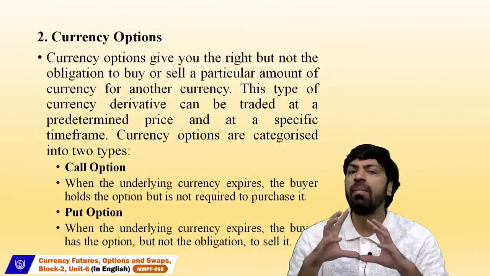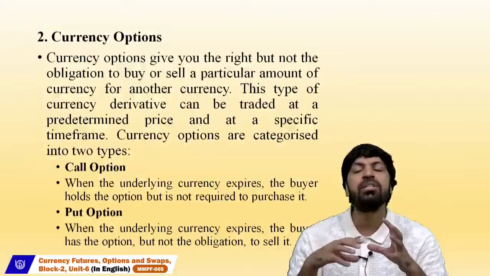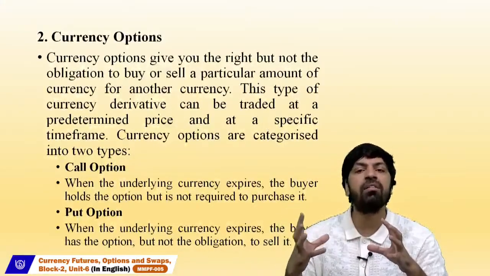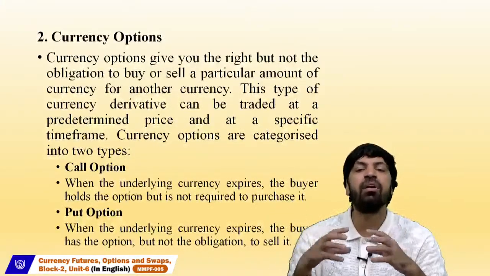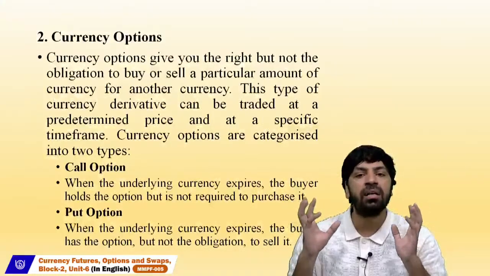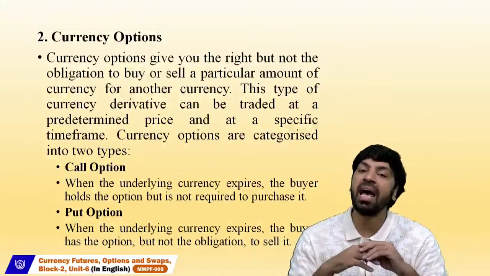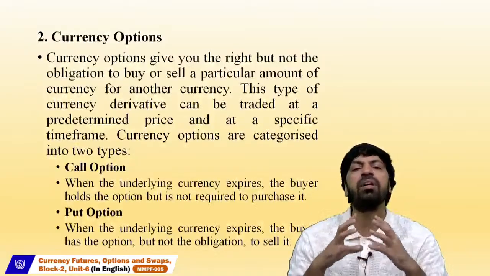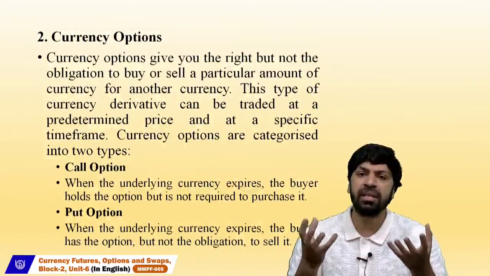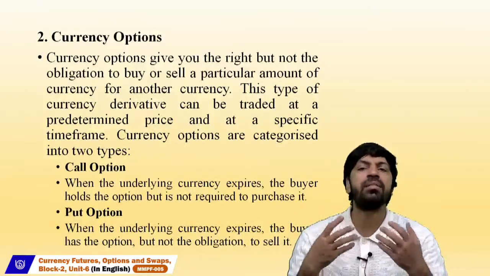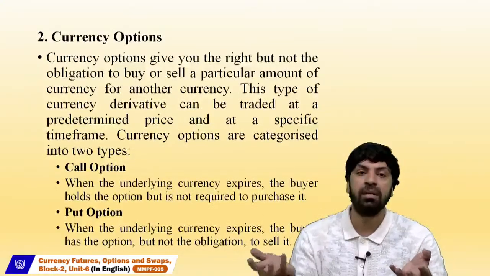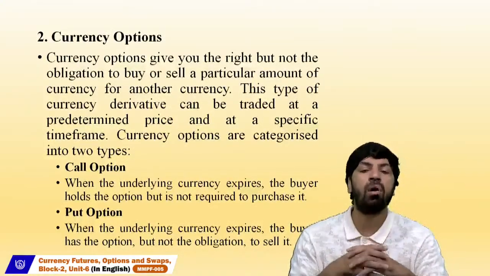But when we talk about the call option, if the underlying currency expires, the buyer has an option, but it's not required to purchase it. They can sell also, but it's not necessary to purchase and then sell. So this is called the call option.